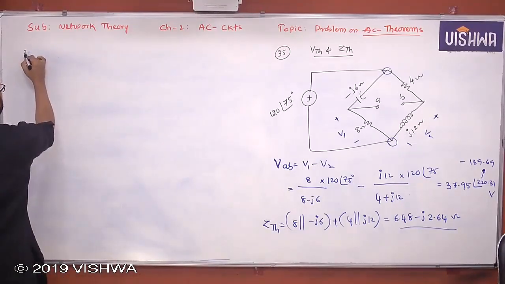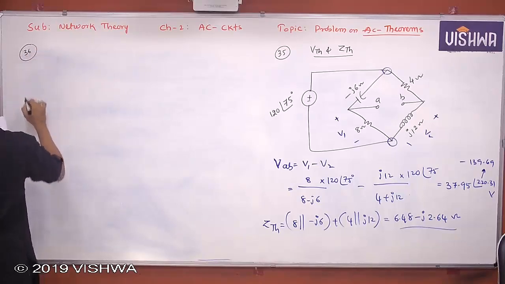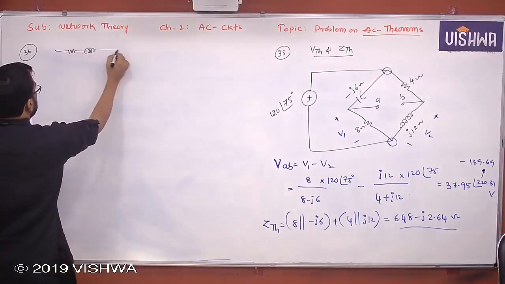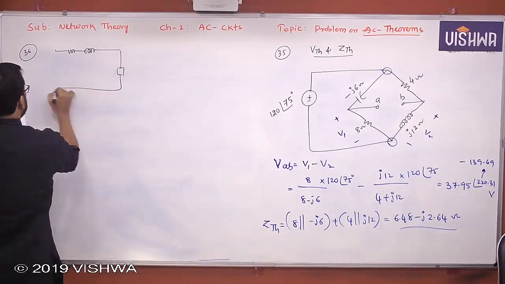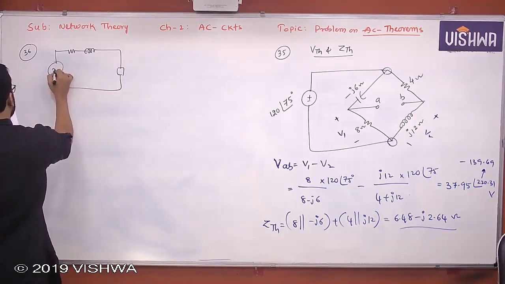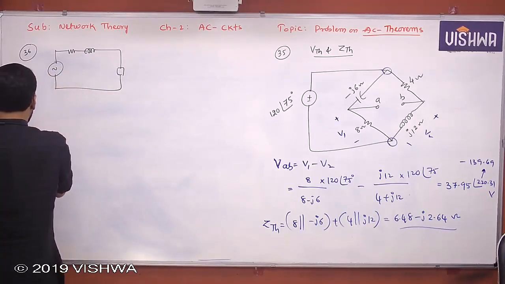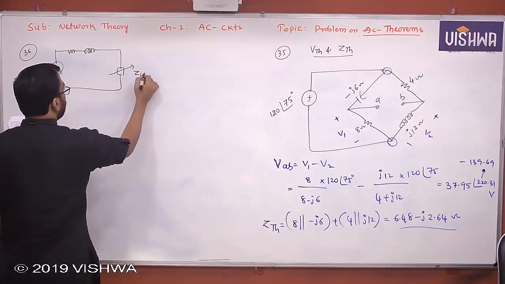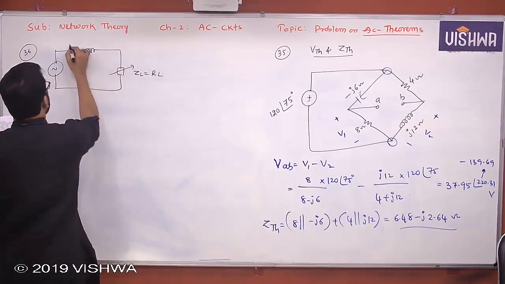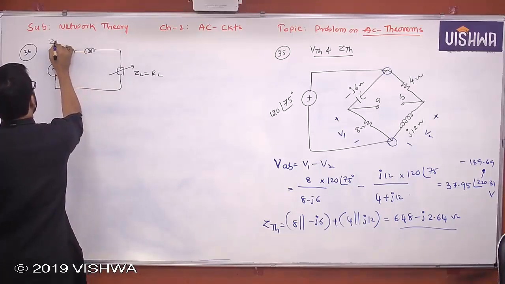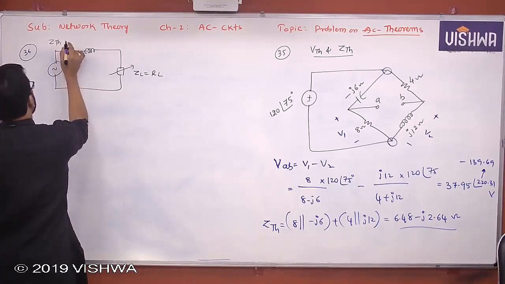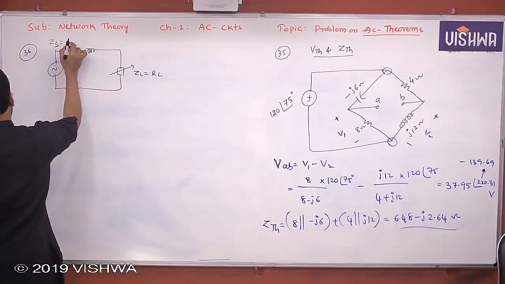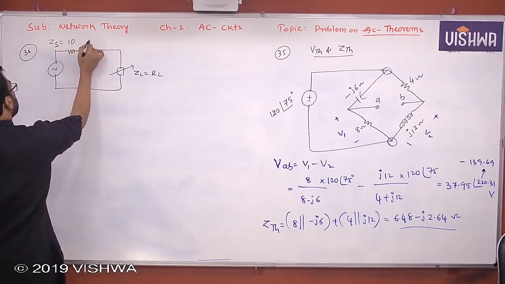36th problem. I read the question. ZL is equal to RL here, right? This is ZTH. ZS he has given as 10 plus J20.